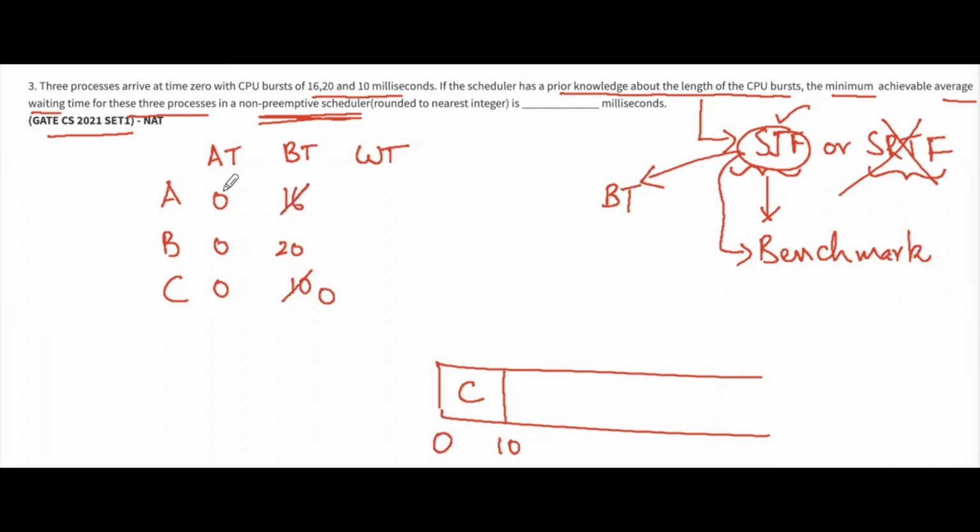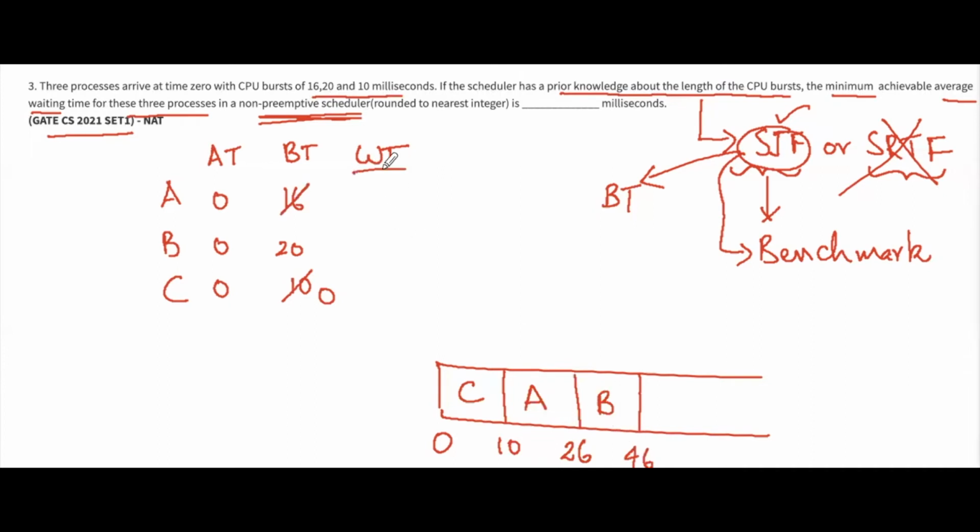Since all arrived at time 0, I am not keeping the arrival times in mind, because all the processes have arrived in my ready queue. Now I only have to concentrate on the burst time. Next I'll schedule process A for 16 milliseconds, so my time now becomes 26 milliseconds. After that, I'll schedule process B for 20 milliseconds.